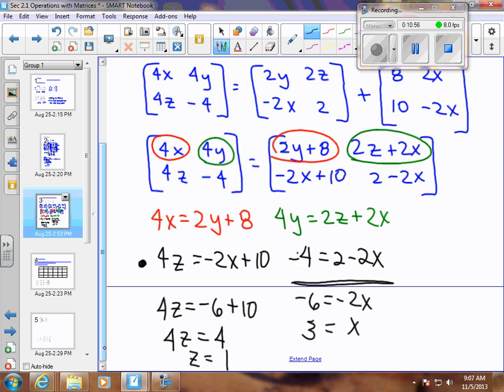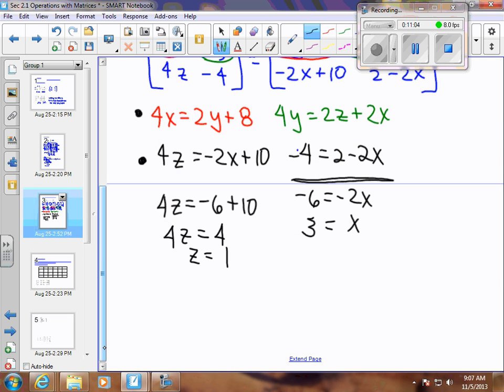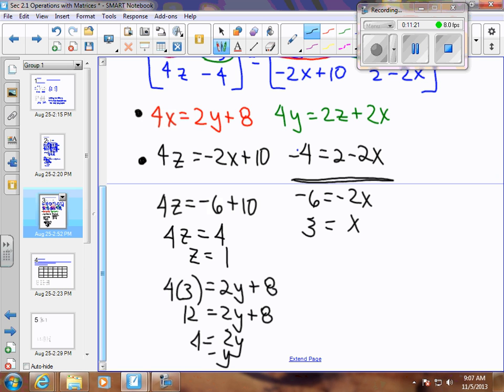And I can also find y using the answer that I have for x. So I have 4 times 3 equals 2y plus 8. 12 equals 2y plus 8. 2y equals 4, so y equals 2.